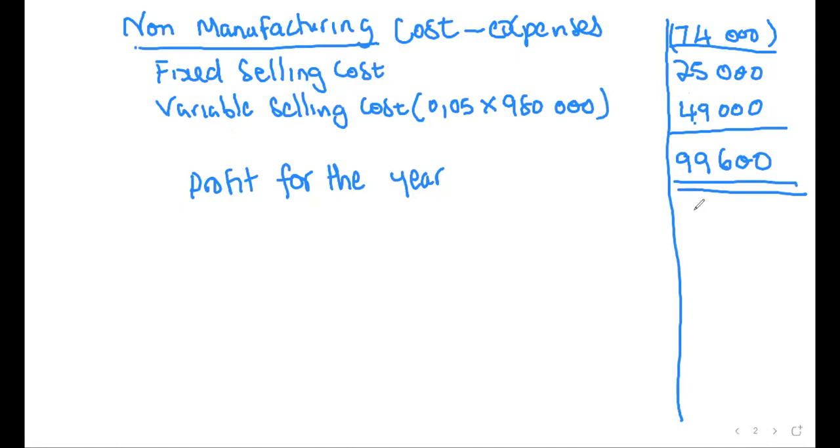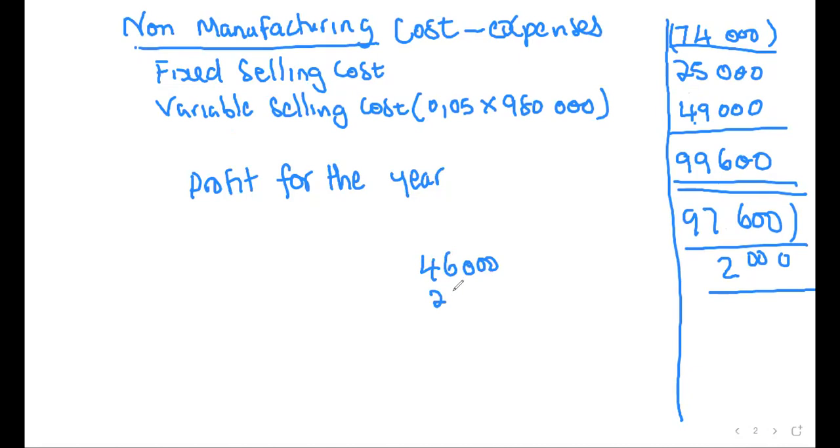If you subtract, you are going to have 2,000. If you subtract 4,600 minus 2,600, you also have that 2,000, you see. So that's the difference in profit. It is because of this.